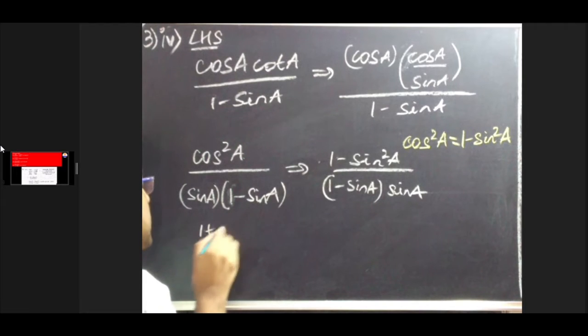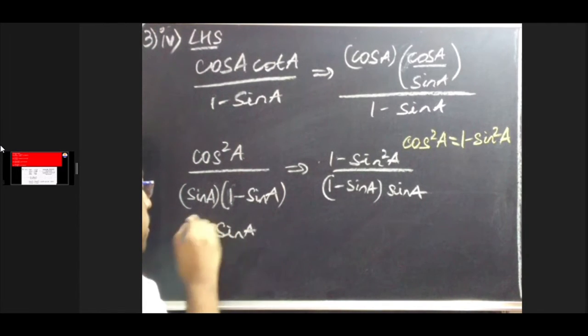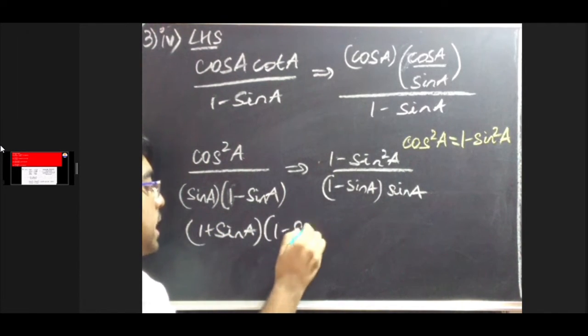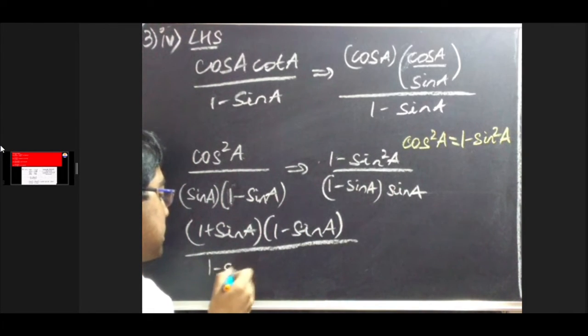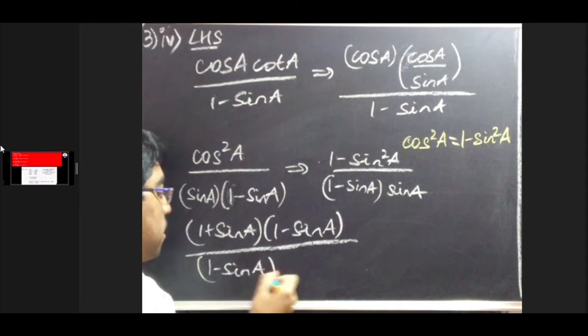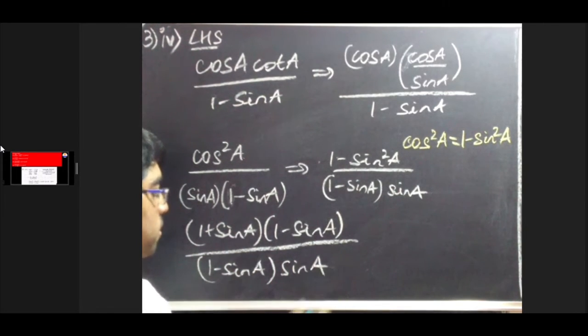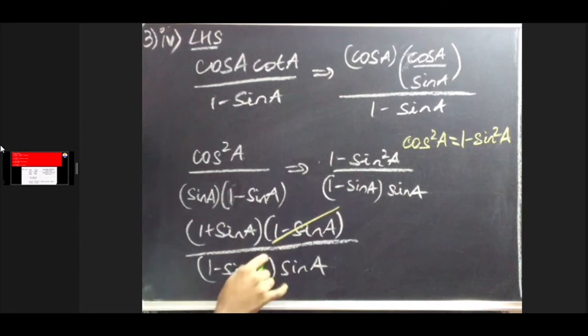So (1 plus sin A) into (1 minus sin A) divided by (1 minus sin A) into sin A. 1 minus sin A and 1 minus sin A get cancelled.